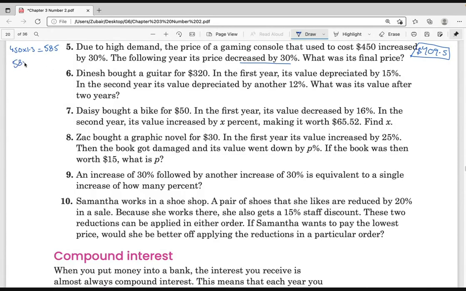So 585 multiplied by 0.7, 409.5. Because 30% is increased on 450 and then 30% is decreased on the new value, which is different. Clear? Yes, sir.